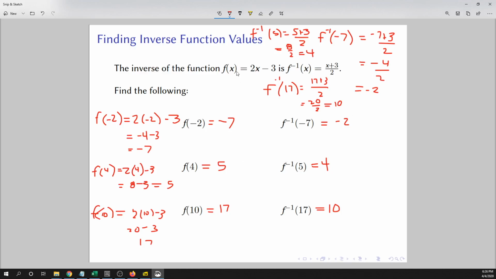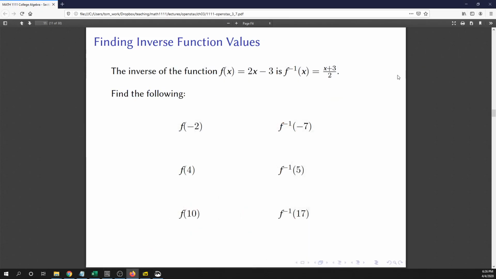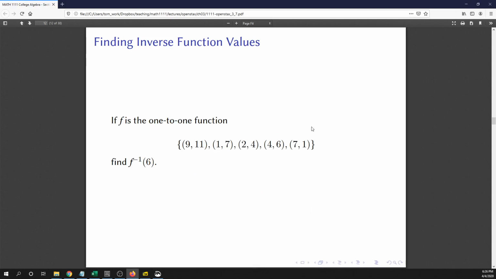All right, we're going to do this same problem in a couple of different ways. This is probably the most important way, but we will talk about the others as well. So next up, if I have a function written in ordered pair notation, I want to find f inverse of 6.